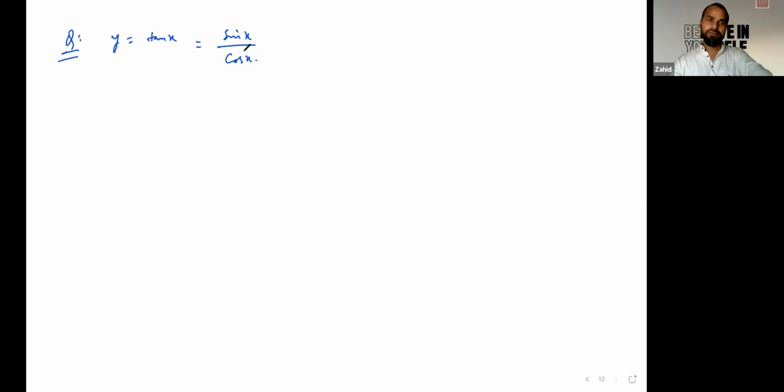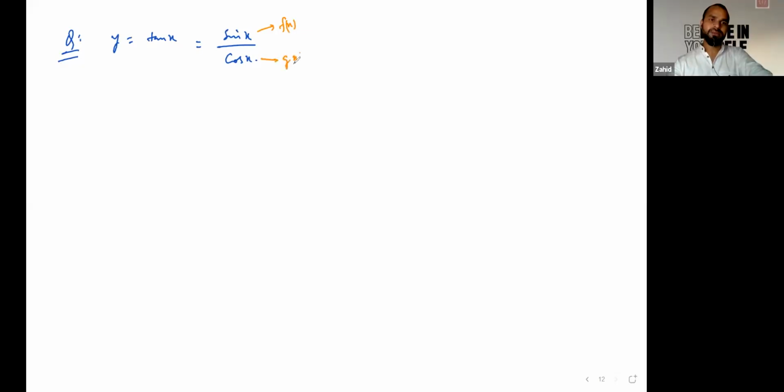Now this will become two different functions which are related in division form, a numerator and a denominator. So apply the quotient rule for this particular function and try to obtain the result. This would be your f(x). This would be your g(x). Try to apply the quotient rule and try to solve.